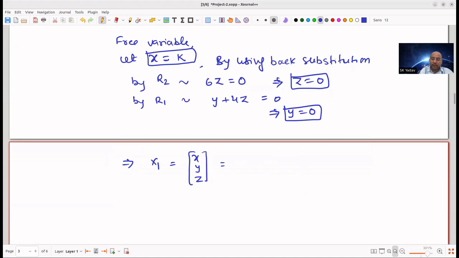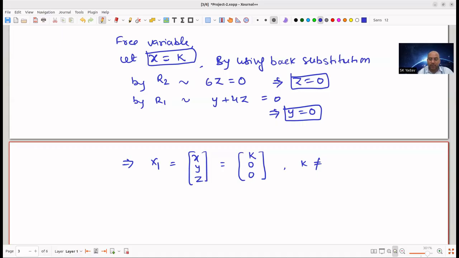So, by using back substitution, you get the vector x1 is x, y, z, which means z is 0, y is 0, and x is k, where k is a nonzero number. K cannot be 0, because if k is 0, then x1 will be the 0 vector. We are not finding a 0 vector.